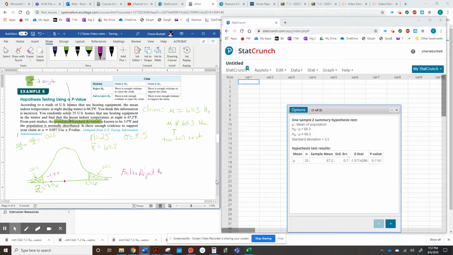Okay, now we can also determine, we did that by the rejection regions, that the test statistic, as you can see over here, negative 1.57, is not in the rejection region. So that means that we're going to fail to reject. We can compare P to alpha.